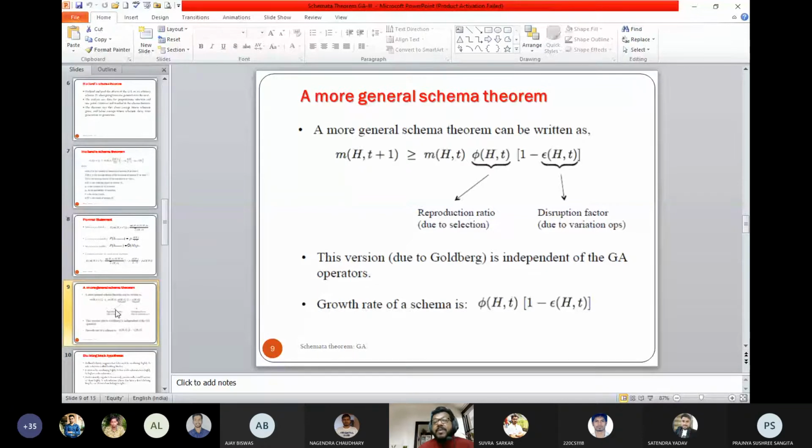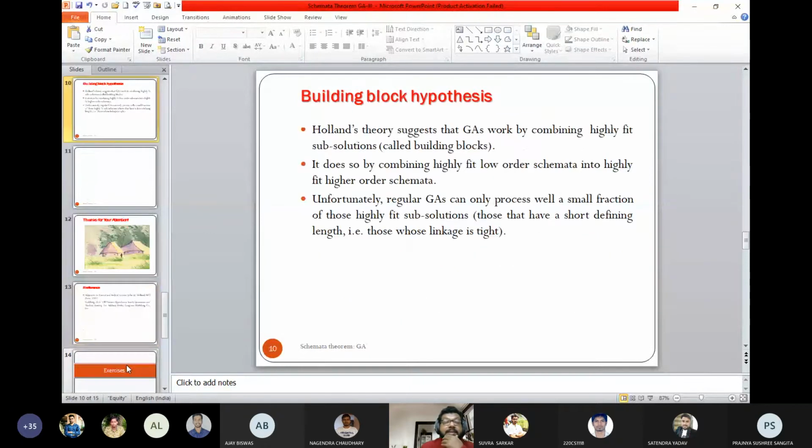Then we try to predict the probability that this particular schemata will be retained in a future generation. That means when the choice is given among, let us say, 3 schemata, we can find out which schema is to be selected.